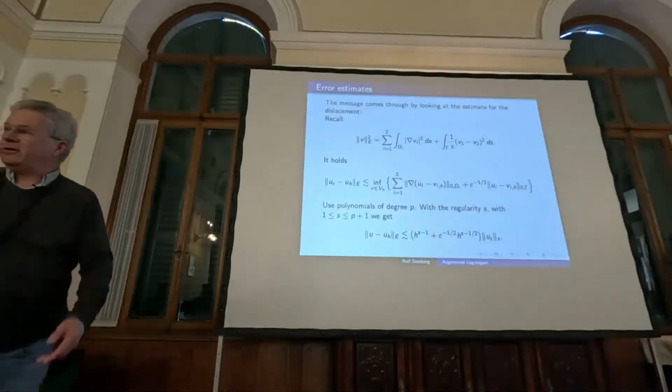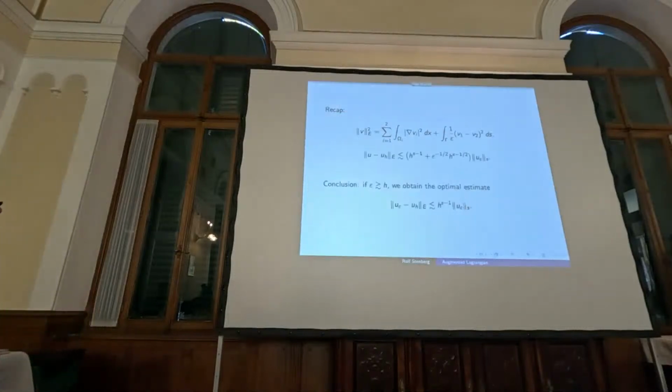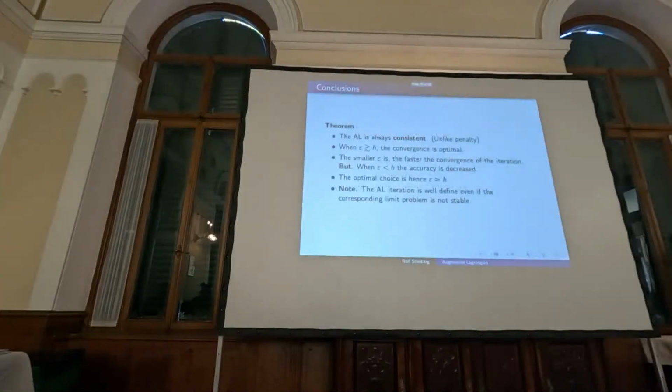So you see it in the error estimates. And again, the conclusion is that epsilon should be equal to h. Always consistent. When epsilon is greater than h, fine, and so on.